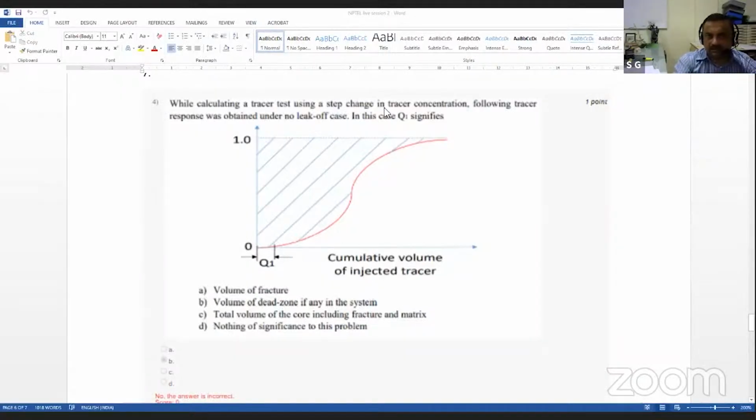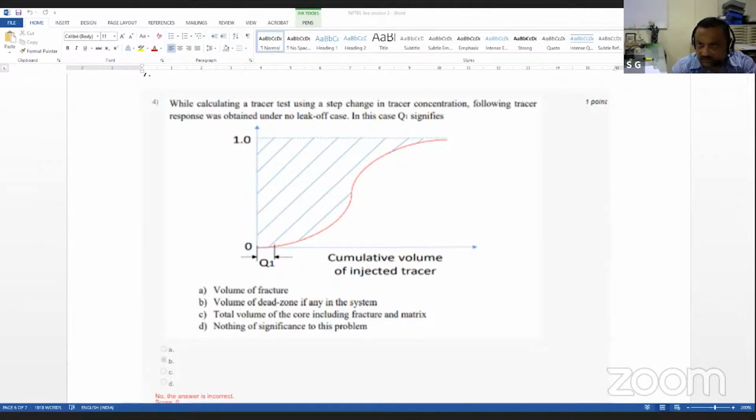While calculating the tracer test using a step change in tracer concentration, the following tracer response was obtained under the no leak-off case. In this case, Q1 signifies the volume of fracture. You have answered volume of dead zone, if any, in the system.